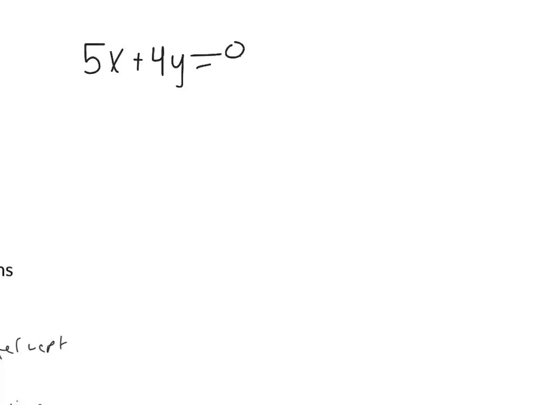So any equation that we have, for example, it could be something like 5x plus 4y equals 8. Now, this is not written in slope-intercept form, right? Slope-intercept form looks like this. Y equals mx plus b.